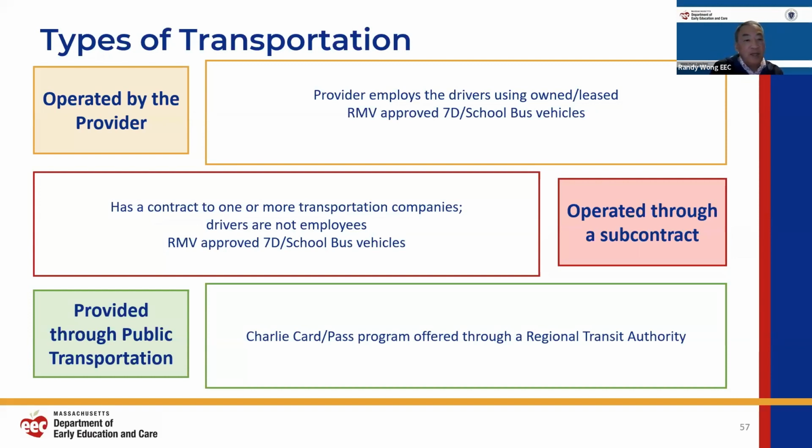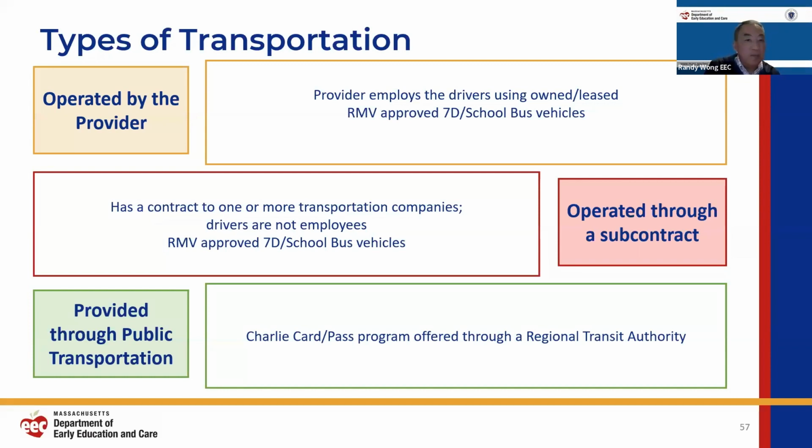The bottom category there is something that has taken off, that Chet, given his geography, has really expanded upon, but that is the use of the Charlie card, or what used to be called the T-Pass program. Programs are able to, if the situation exists, purchase a Charlie card or a transportation pass for their families to use so that they can self-transport their child to the program.